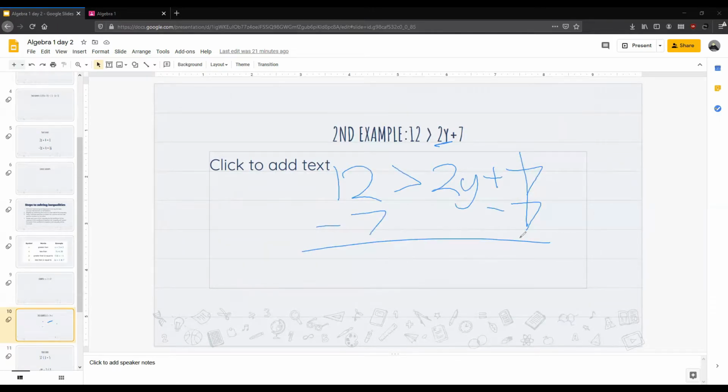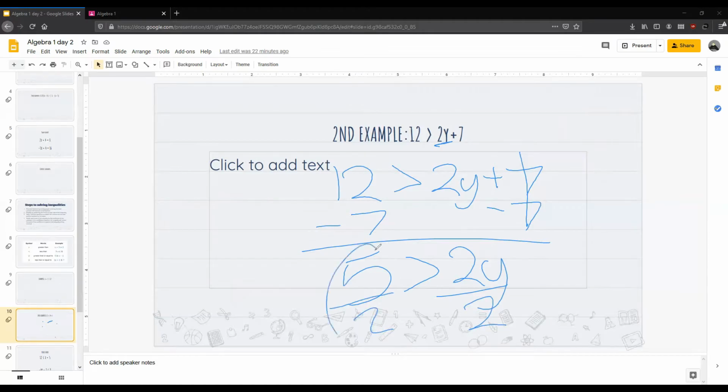And that would equal 12, not 12, that would equal 5. And we'll bring the sign down along with this, and we would divide by this 2 to isolate y on both sides.